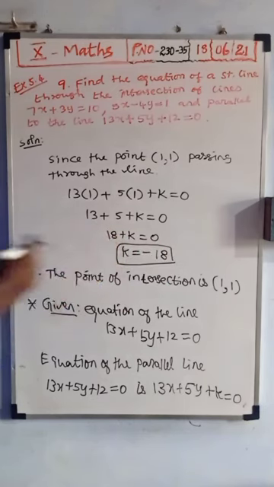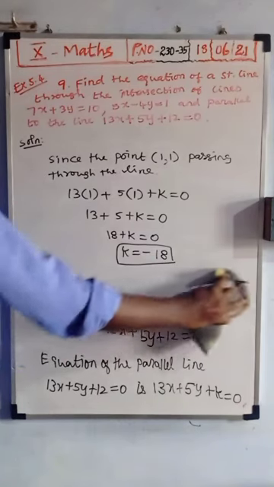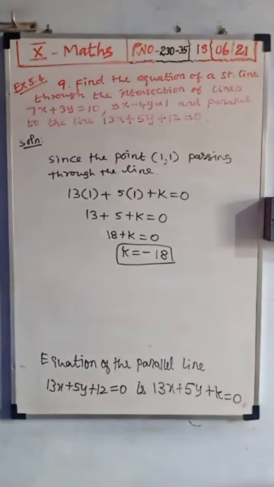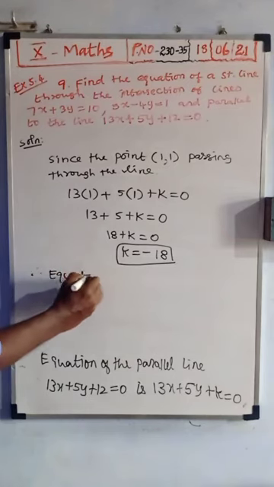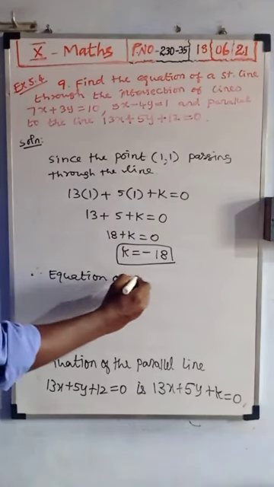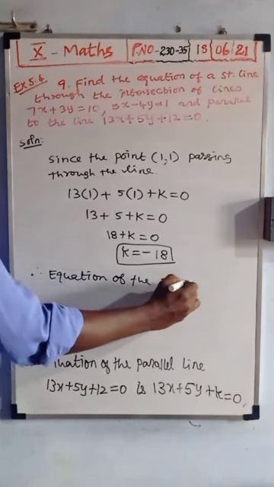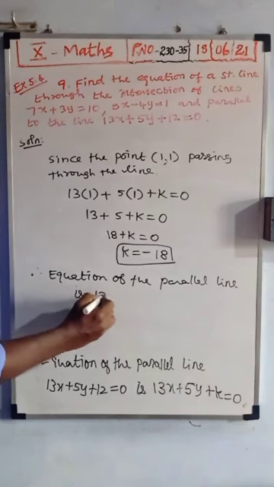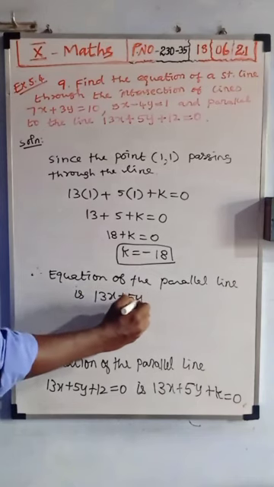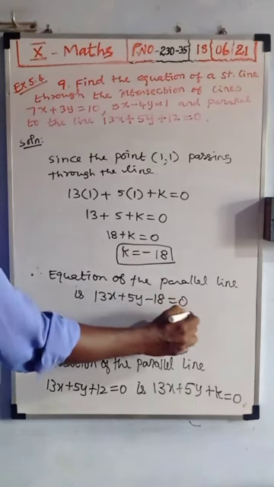Now therefore we receive the answer. The equation of the parallel line is 13x plus 5y minus 18 is equal to 0.